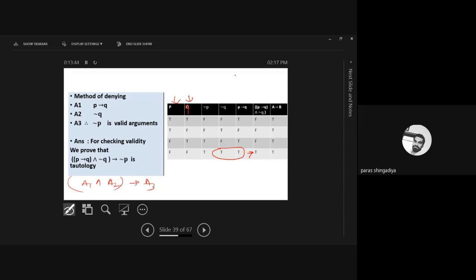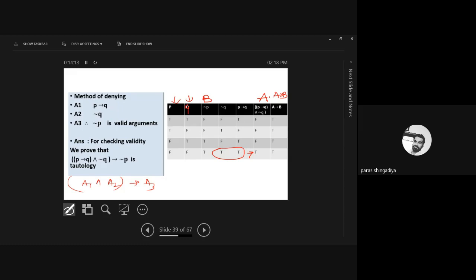Let us say it is a, and b means negation p, the answer of b, and here we check a conditionally b. In this final column, a means this column, the answer of p conditionally q and negation q, and b means the negation p column. Apply a conditional to b, meaning the answer of a implies the answer of b.